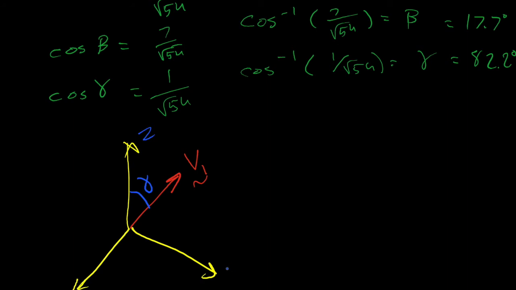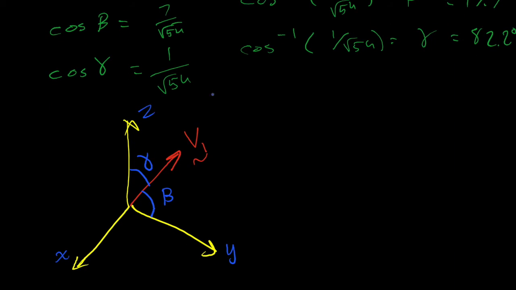Between the y-axis and v1, the angle will be beta. And between the x-axis and v1, which is this nice angle right here, the angle is alpha. So that's why direction cosines are important. It's because they can give angular data about the direction of a vector.